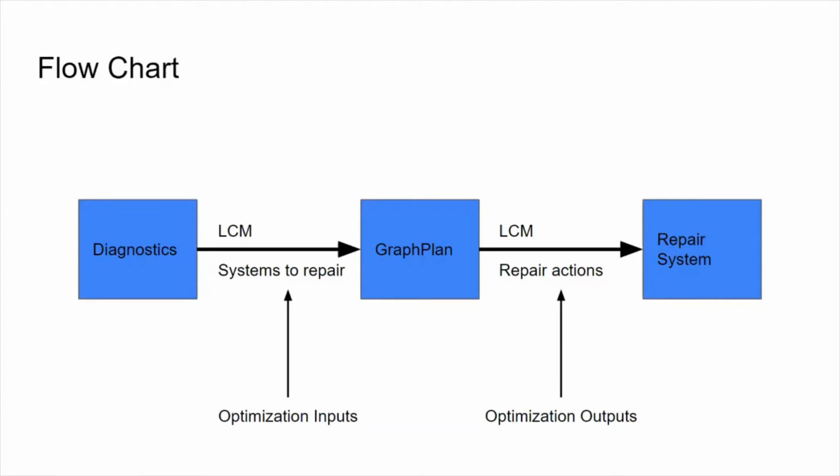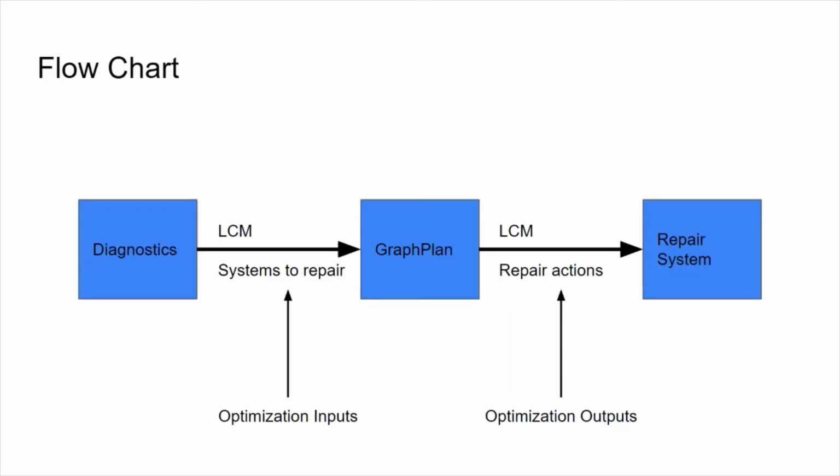This diagnostic system will send a list of systems that need to be repaired to some repair system, which includes a planner, which is this section, which determines which actions will result in those systems being repaired. And then it sends those repair actions to some repair system that can carry out those actions.